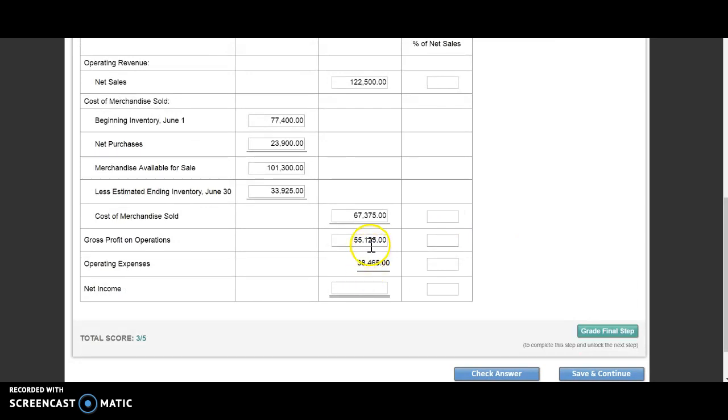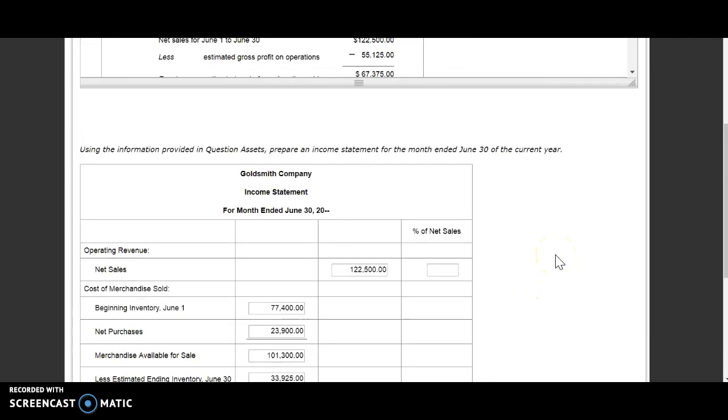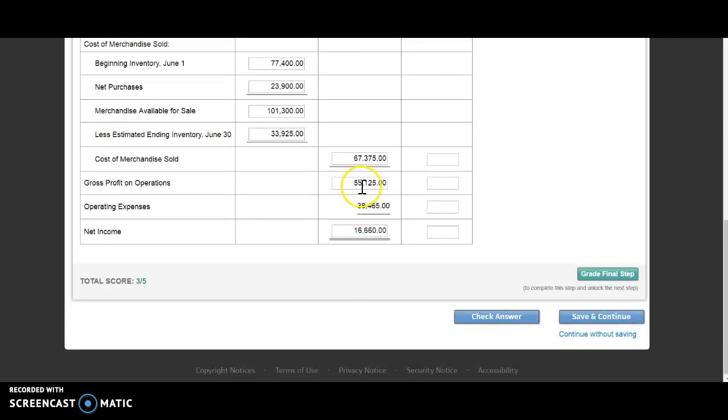So we're going to take our gross profit minus our operating expenses. Now that number is not a number that we can check. So we're going to have to subtract gross profit minus operating expenses.